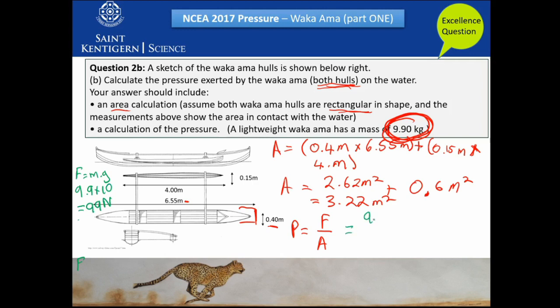So we have 99 Newton divided by 3.22. So 99 divided by 3.22 gives me 30.7 basically Pascal. Wow, that is a really low pressure being exerted, and that's why it floats so well.